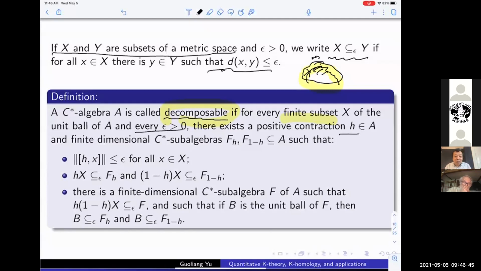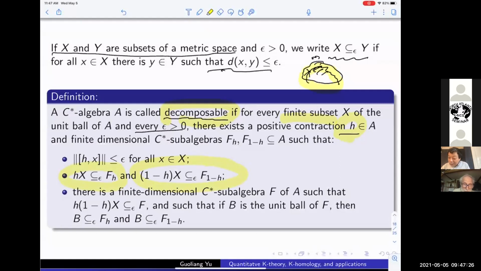This H is the partitioning function in some sense, a positive contraction in A. This H almost commutes with everything in X, and if you multiply, this will be epsilon contained in some finite dimensional algebra, and the other part is also epsilon contained in another finite dimensional algebra.